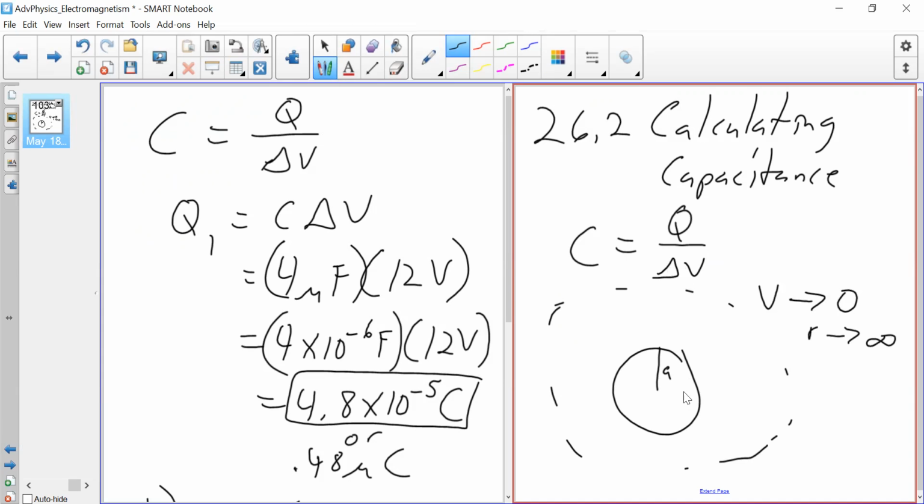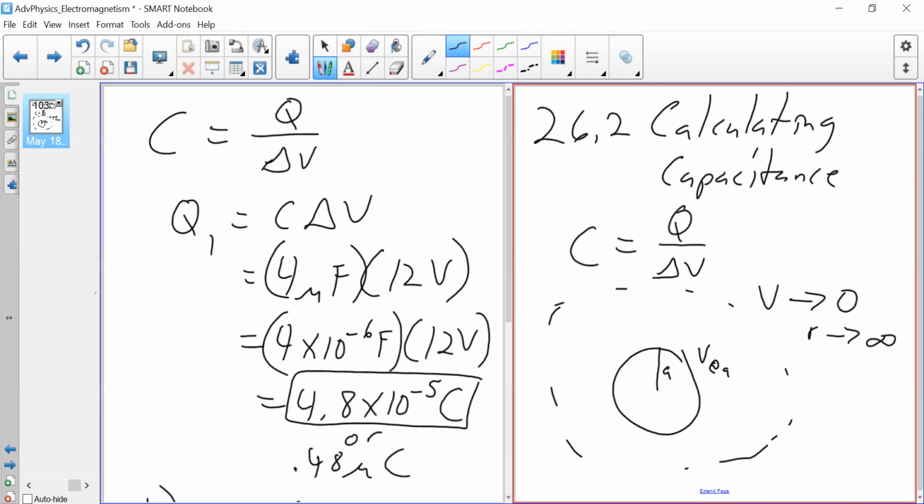So the voltage in this setup is a known electric potential at A, and as R goes to infinity, the potential is basically 0.